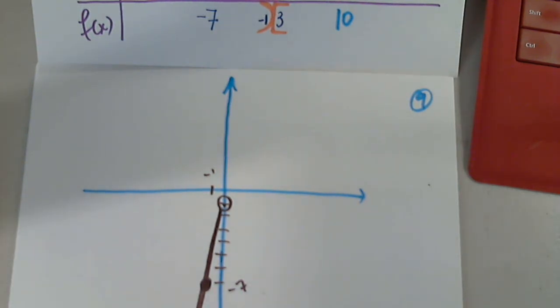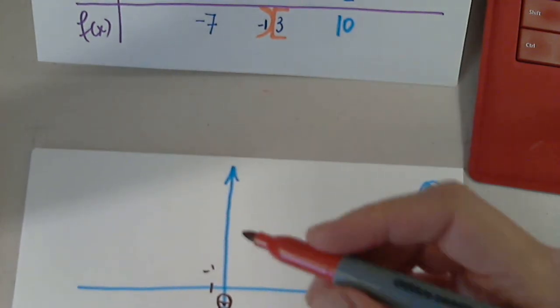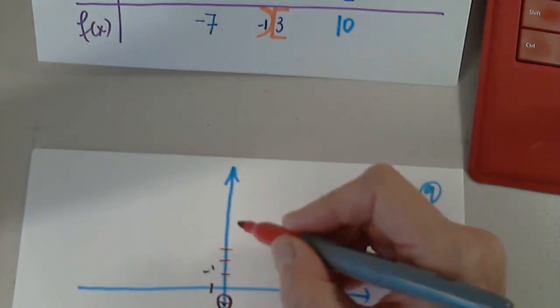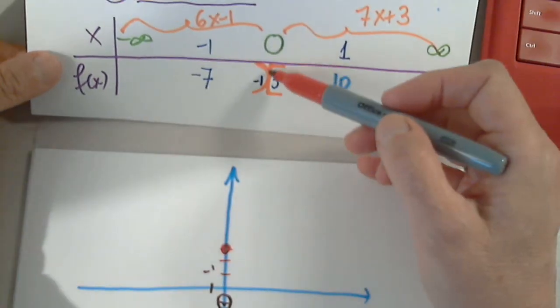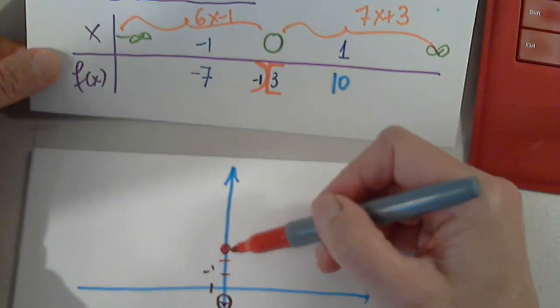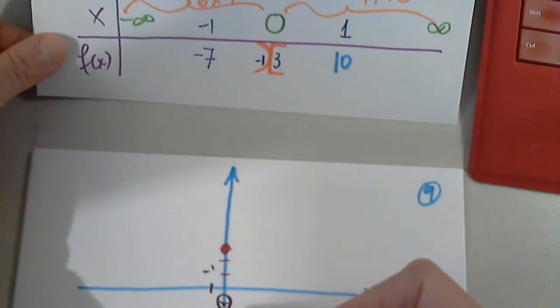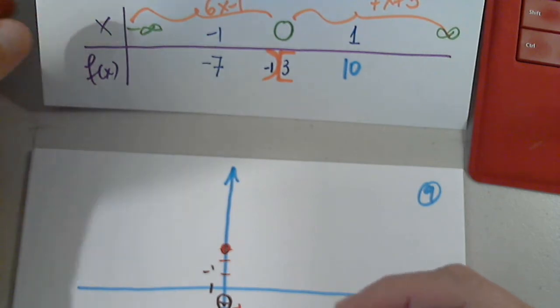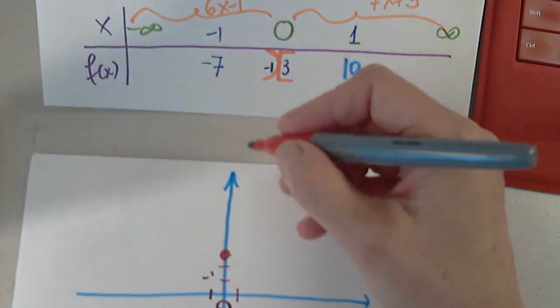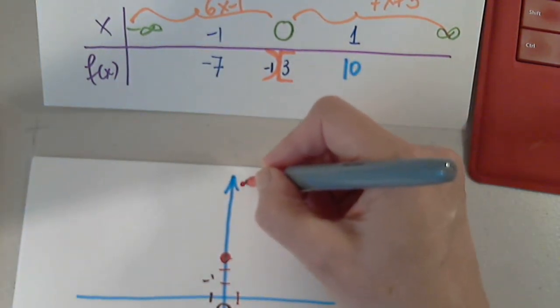Now the right hand side of 0 starts at 0, 3. 1, 2, 3. This is a full point because of the bracket. 0, 3 is a legitimate point. 0, negative 1 is not. And then 1, 10. I'm going to say it's up here. I didn't plan perfectly.